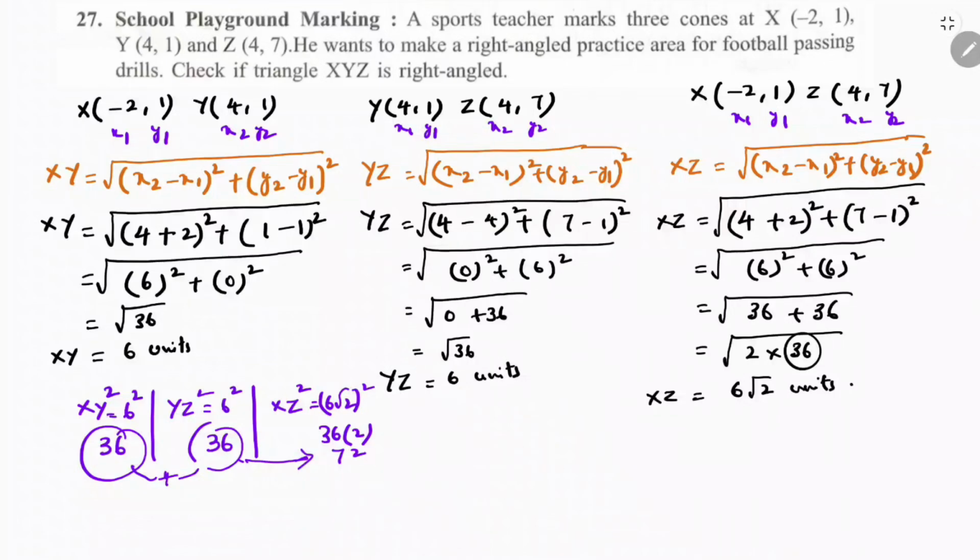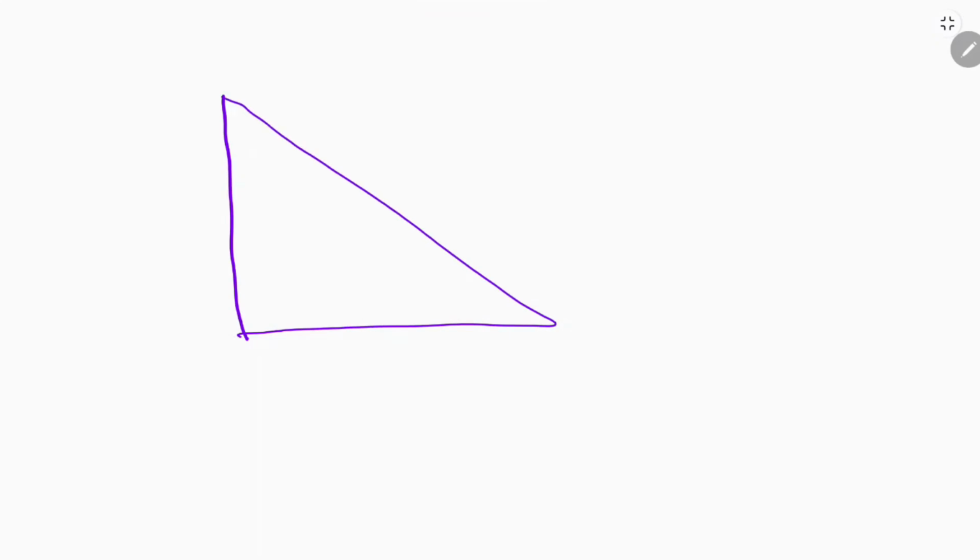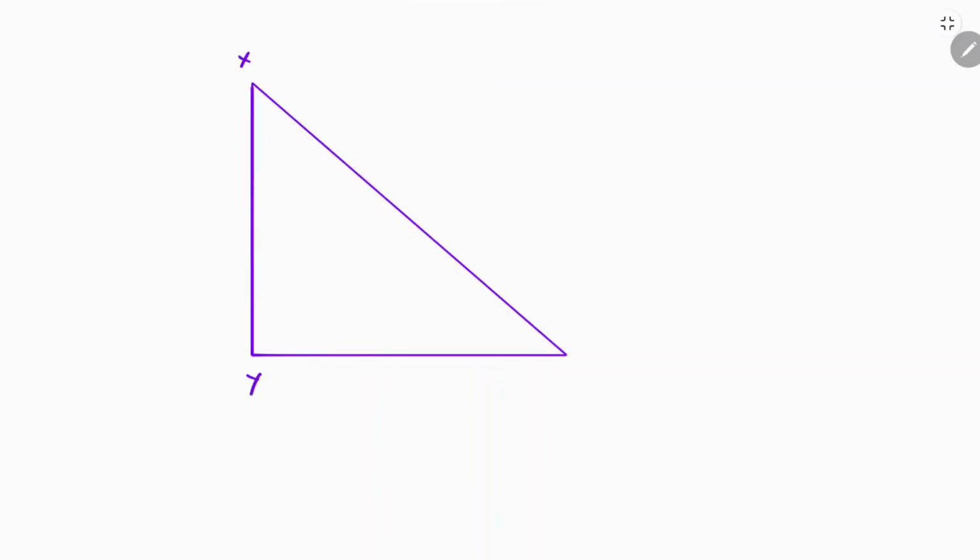So clearly, the converse of Pythagoras theorem states that in a triangle XYZ, I got 6 units, 6 units, and 6 root 2 units.